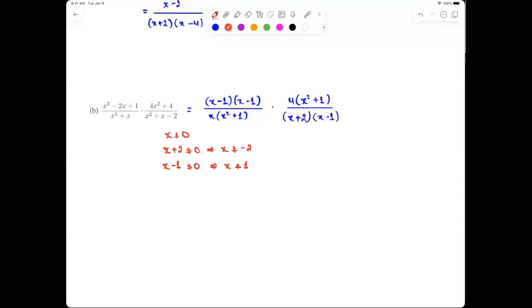Then cancellations. So x minus 1 cancel out. Then x squared plus 1 cancel out. And you're left with 4 times (x minus 1) divided by x times (x plus 2).